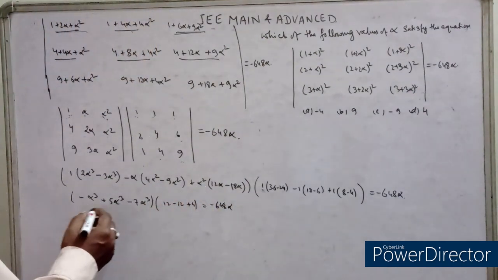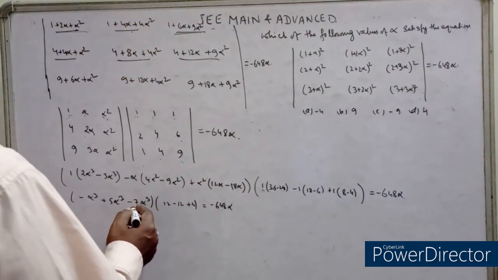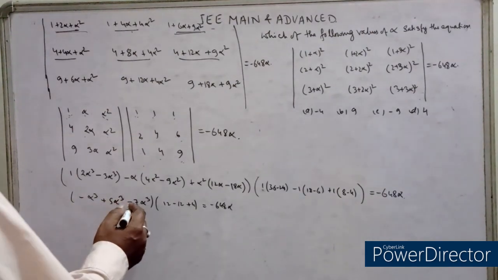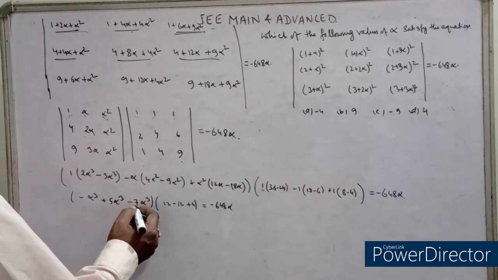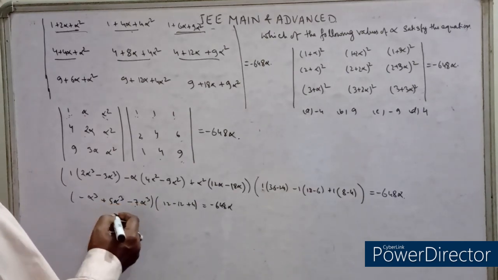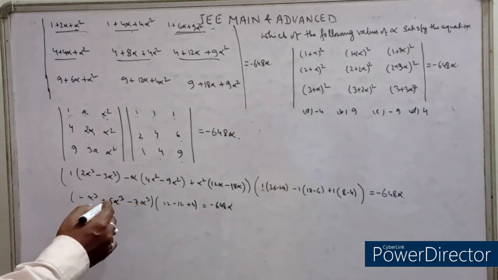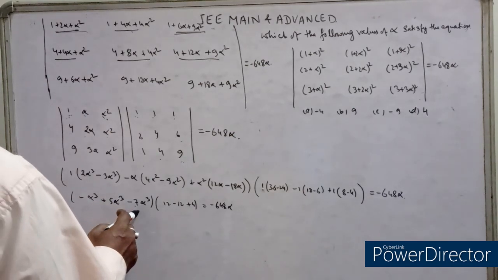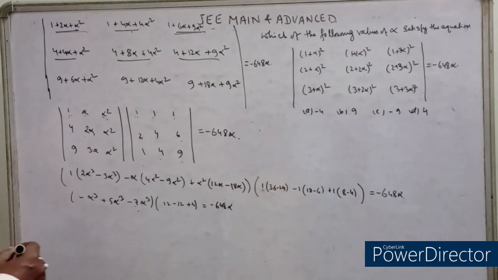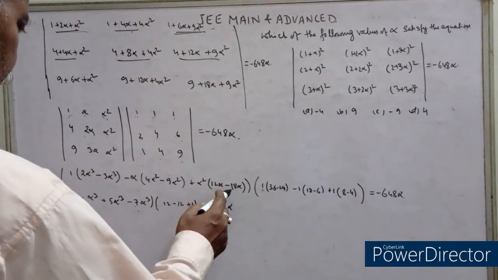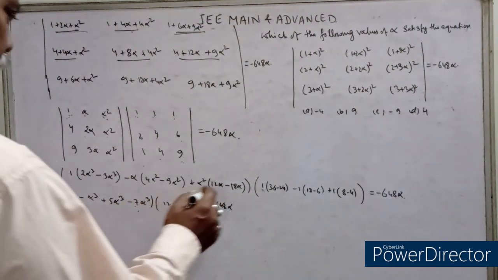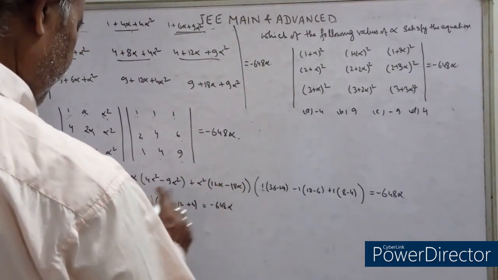So this will be equal to here 5, 6, 7, so minus 2, minus 5, 6, 7 minus 2, so this comes out to be 6. Oh, this is not 7, this is 6, sorry.